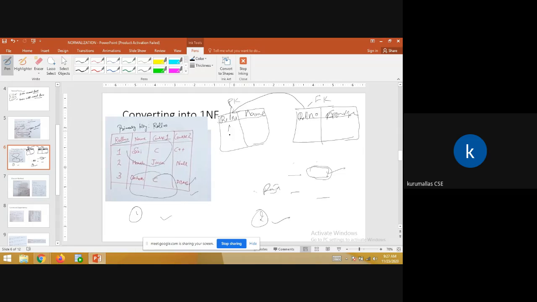So we have 1, 2, 3. These are the roll numbers of the table. The first roll number belongs to Sai, then Harsha, and Raja. So these three are the names for roll numbers 1, 2, 3, right? This is the primary key table, parent table, or base table.